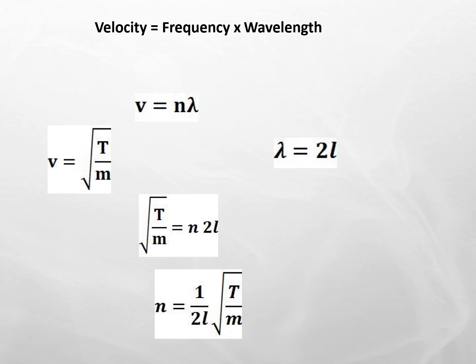Now instead of small n, we can use nu or small f for frequency, but here we have used small n. v is equal to n lambda. We have already got an expression for velocity v as root of T by m and lambda as 2L. Now substituting the values of v and lambda in this equation and rearranging, you will get the frequency as n is equal to 1 by 2L into root of T by m.